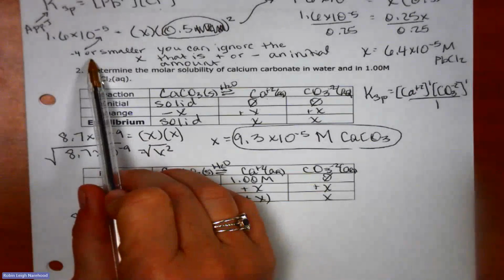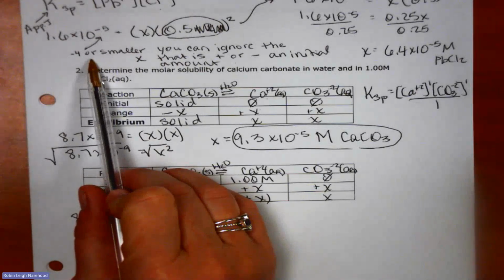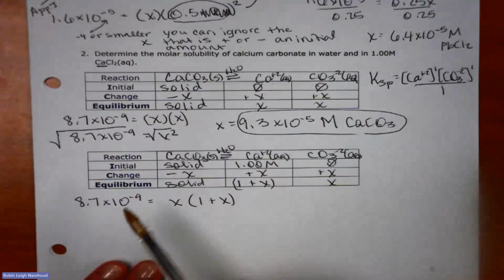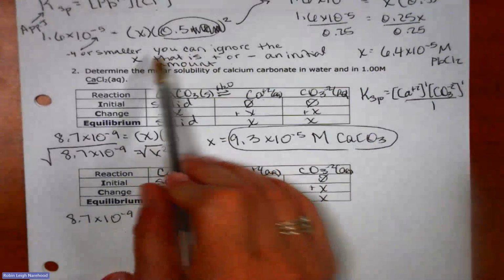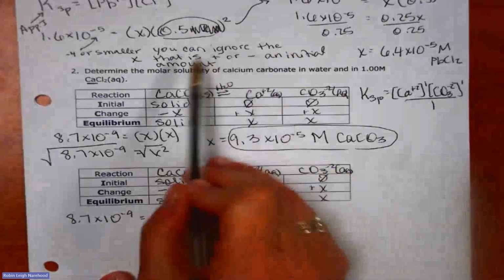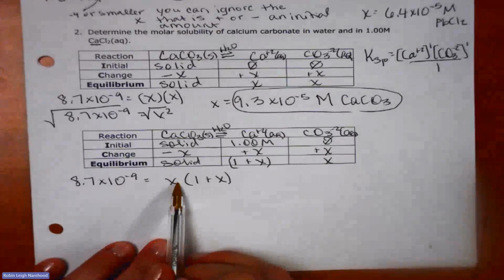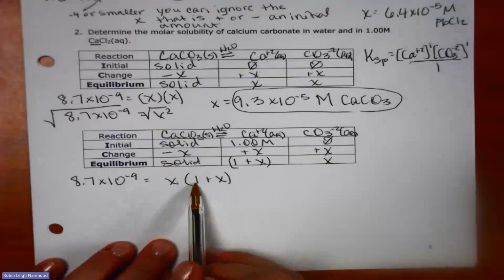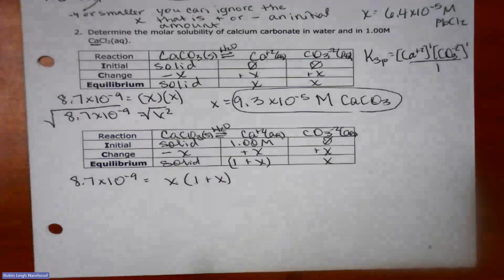Yes. If your constant has an exponent of -4 or smaller, -9 is a lot smaller, then we can ignore the x that is plus or minus an initial amount. So not the one that's by itself, but the one that is plus or minus an initial amount. You cannot ignore the initial amount, but you can ignore the plus or minus x.